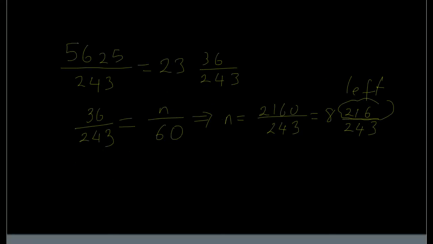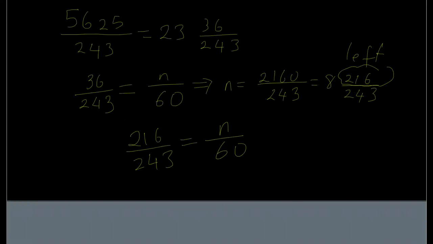You can keep doing this. You can keep going: 216 over 243, what is that out of 60? You can ask this question and solve for n, and effectively obtain more digits for the fractional part.